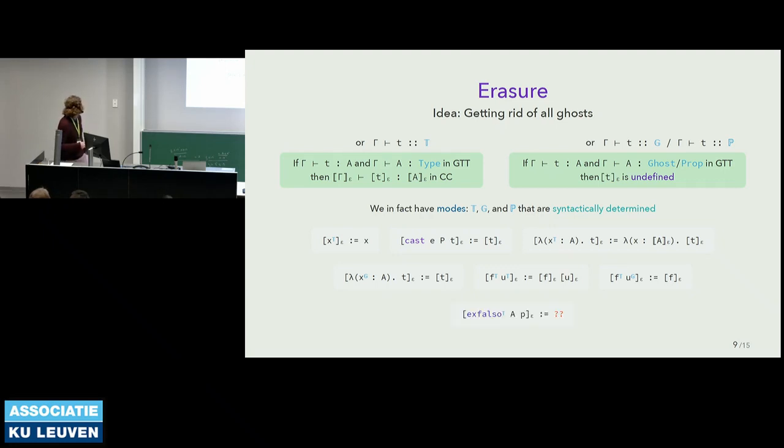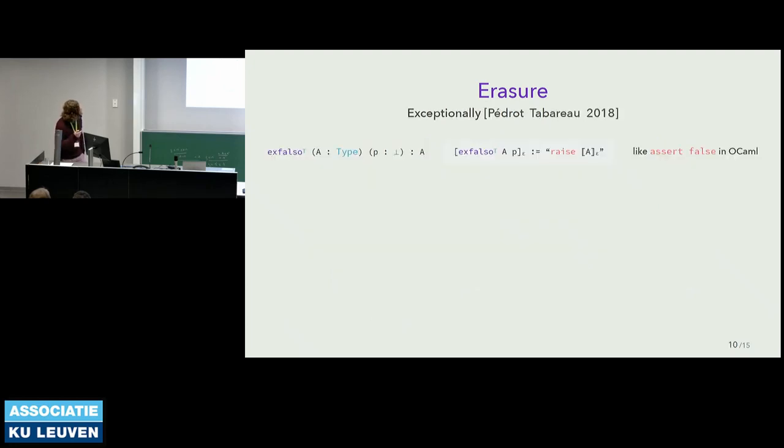For application, it's as you would expect, except when the argument is ghost, in which case you don't need it. But then the question is, how do I deal with the X file, the eliminator for the empty type? Because here P is a proof, so it's gone. I don't have access to it, but I still need to produce some A for any A. So the solution is intuitively to have an exception here.